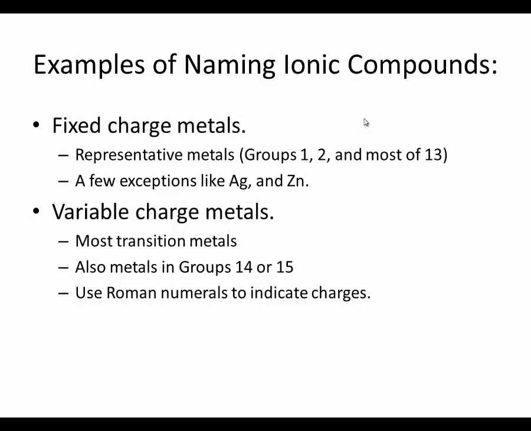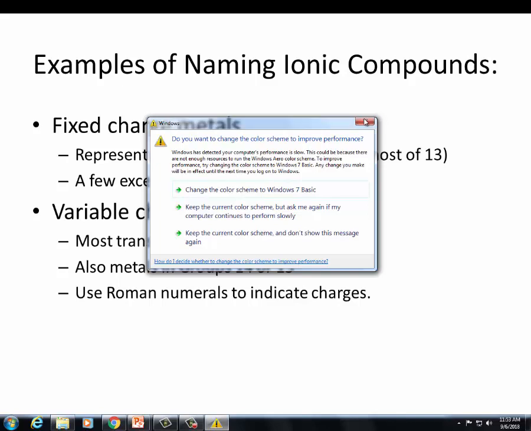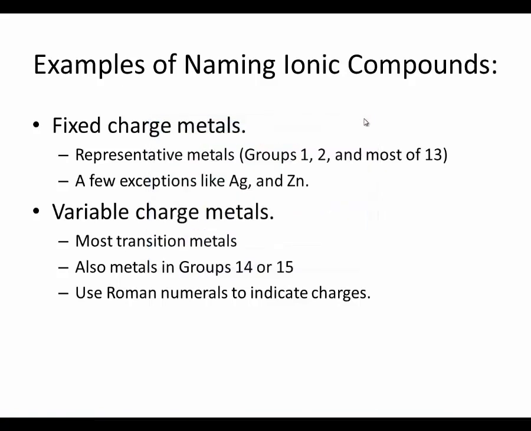You could have iron as a +2, or iron as a +3. You could have manganese as a +1, +2, +3, +4, +5, or +7. Some of them can have lots of possibilities. So you don't know what its charge is going to be unless you are somehow saying what that charge is. For those variable charge metals, we use a Roman numeral to show what the charge is in that particular case.